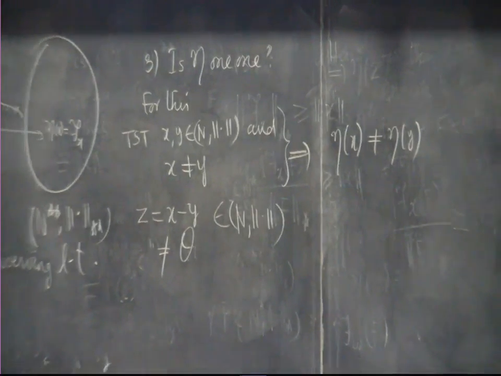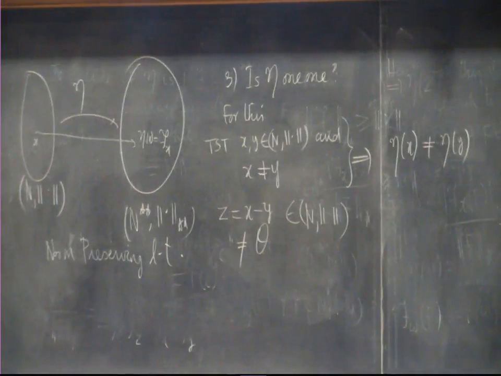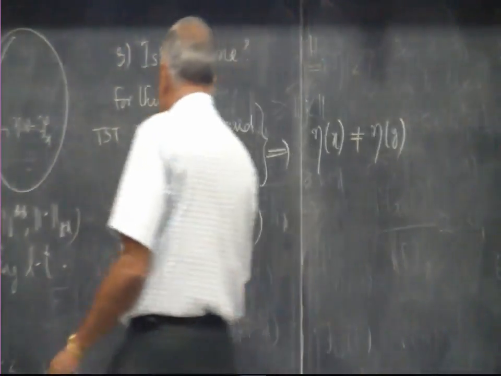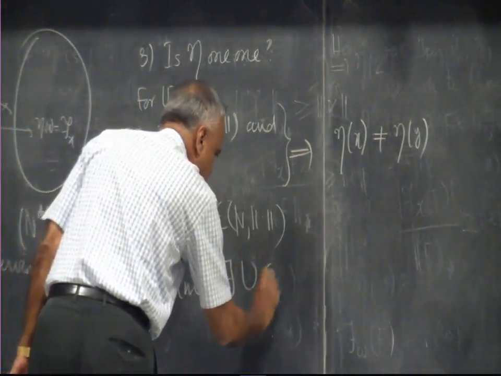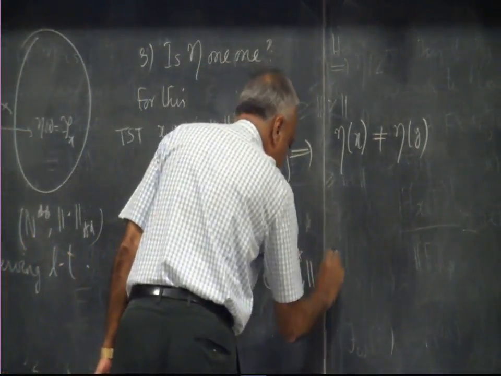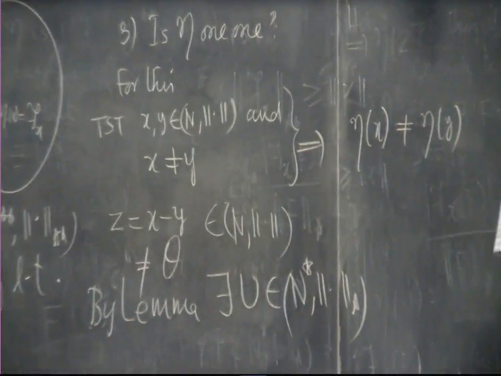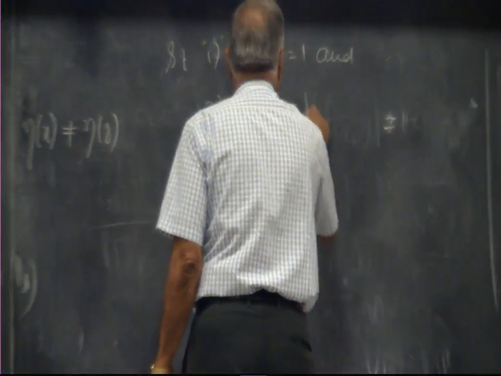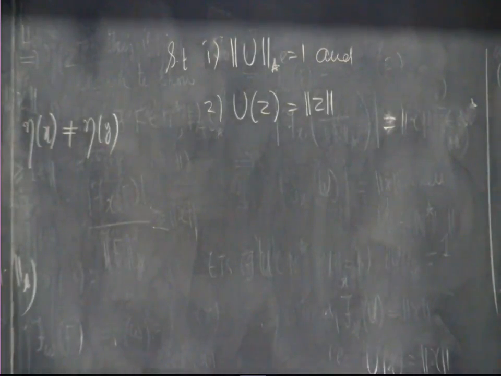Then by the lemma, the moment you give a non-zero fellow, there will be a linear functional u whose norm is 1 and u evaluates to its length at this point. So by the lemma, there exists u in N star such that the norm of u equals 1 and u of z equals the norm of z. That's precisely what the lemma says.